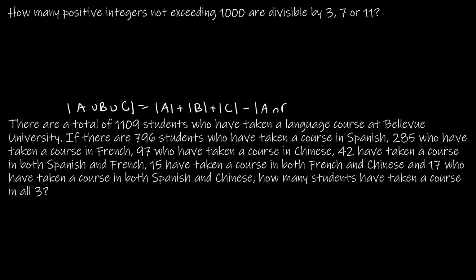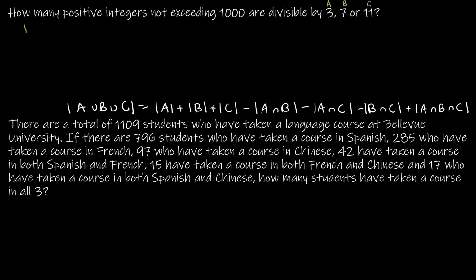So A intersect B, A intersect C, and B intersect C. And then we're going to add back in the intersection of all three, A intersect B intersect C. So that's for each of these. So for the first one, it should look very familiar. We were looking at sets of two. So here we're just going to use A as 3, B as 7, and C as 11.